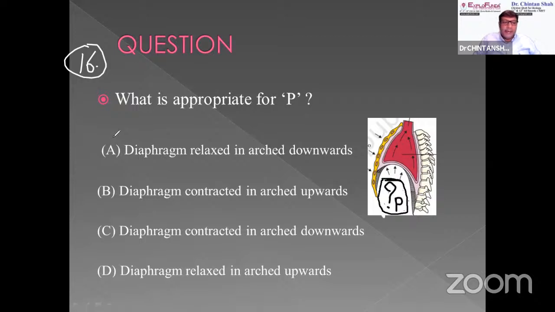A, B, C, D, 16th. Okay, Ritu and Heath are telling me the 16th is D. Diaphragm is relaxed and it is arched upward. Please let me know what is in the 16th one.